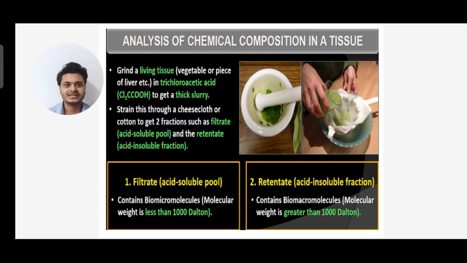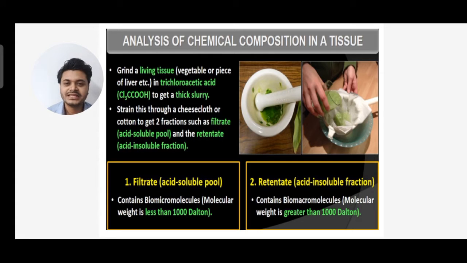The filtrate, the acid soluble pool, contains biomolecules with molecular weight less than 1000 Dalton, whereas the retentate, the acid insoluble fraction, contains biomacromolecules with molecular weight greater than 1000 Dalton.